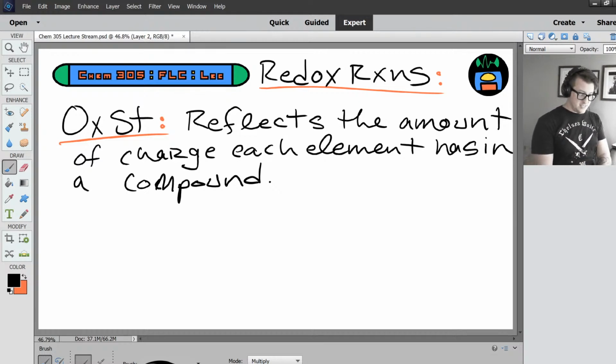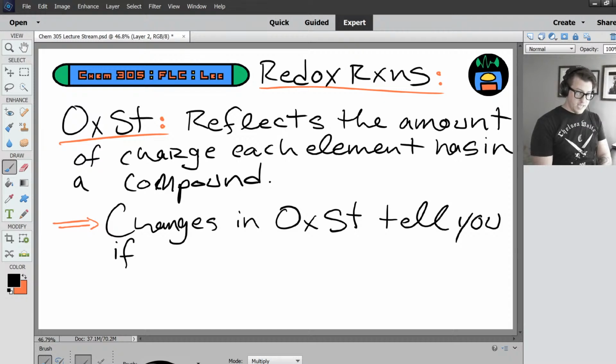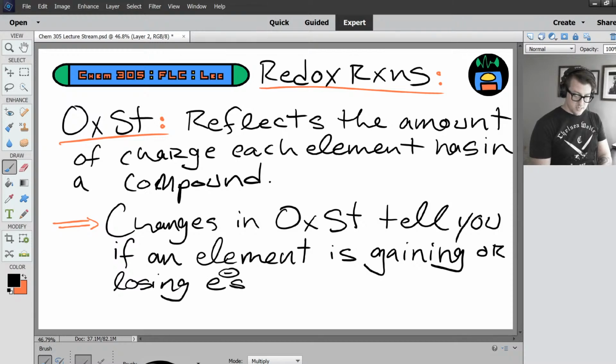Secondly, and this is the clutch concept, changes in oxidation state tell you if an element is gaining or losing electrons in a reaction.